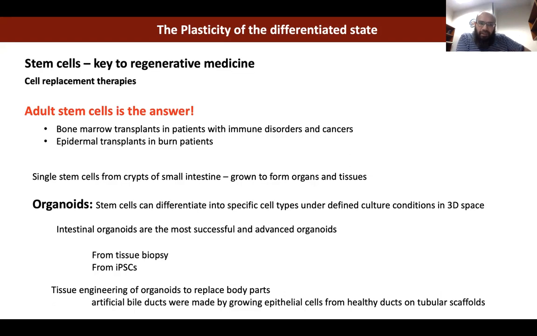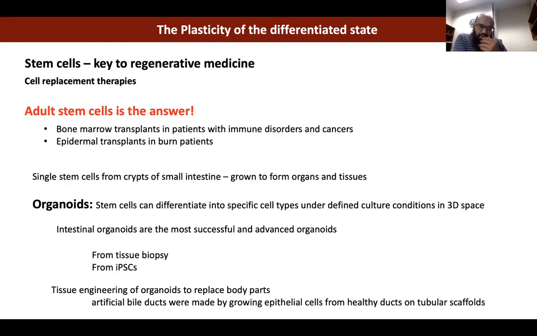It has been shown that a single cell from a crypt in the laboratory can form an organ, the full-blown small intestine. This technique to grow a single cell into a full-blown, three-dimensional organ is called organoids.